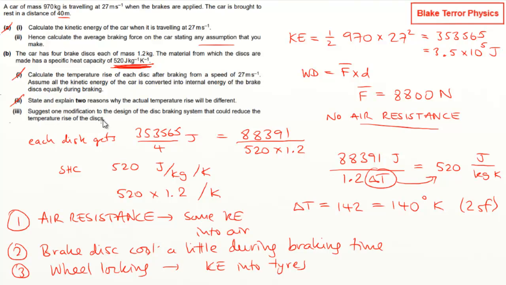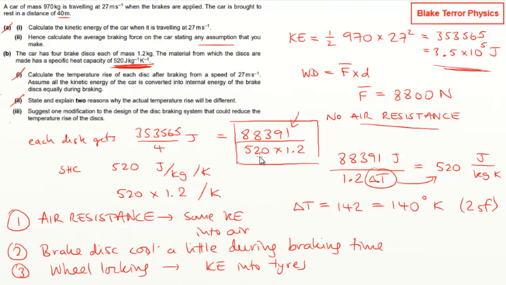Then suggest 1 modification to the design of the disc braking system that could reduce the temperature rise of the discs. Well, we can look at the formula then. If we've got this calculation that we've done here, we can't change the bit at the top. We can't change that kinetic energy that needs to be dissipated.